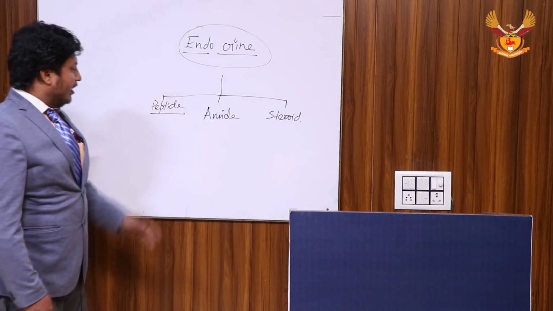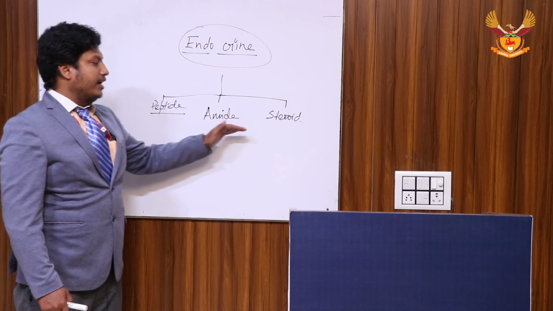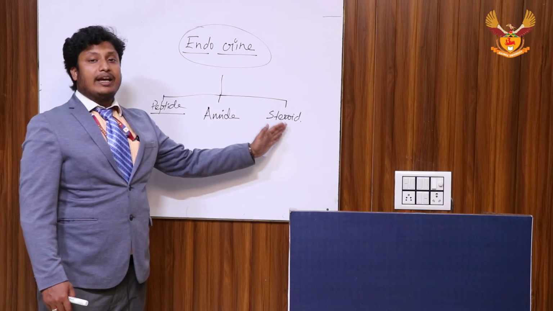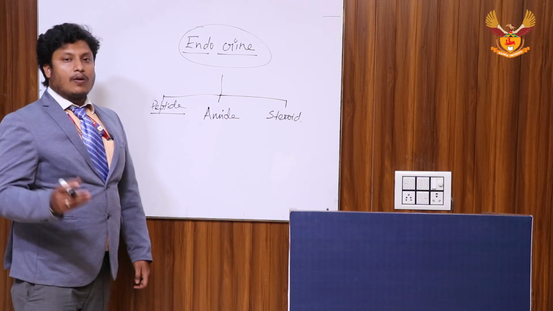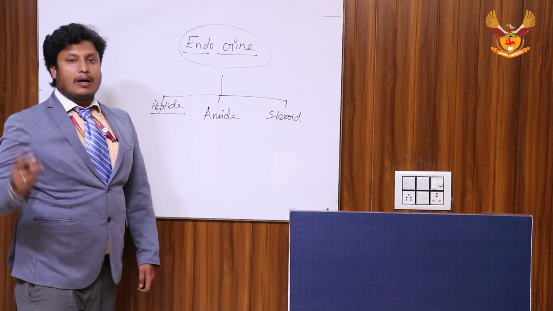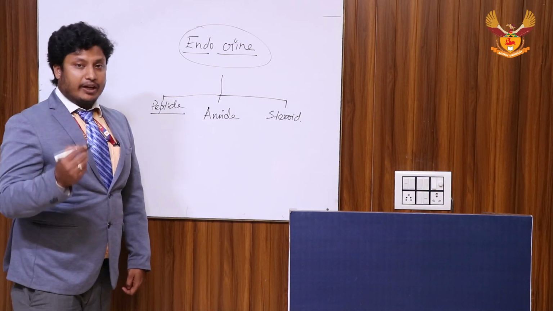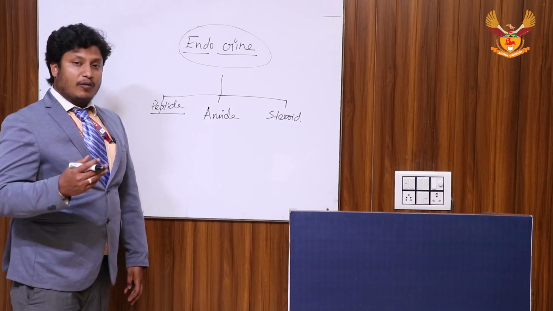Now when we are talking about the endocrine system, we will talk about peptide, amide, and steroid hormones and how these hormones interact with a cell. As we know, the cell has a plasma membrane. That plasma membrane is hydrophobic, and it is lipophilic.